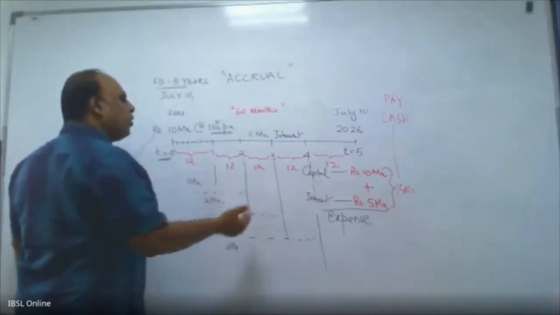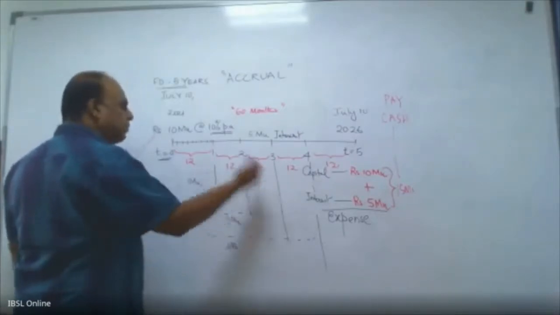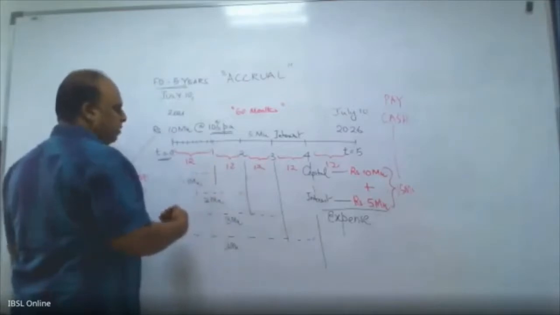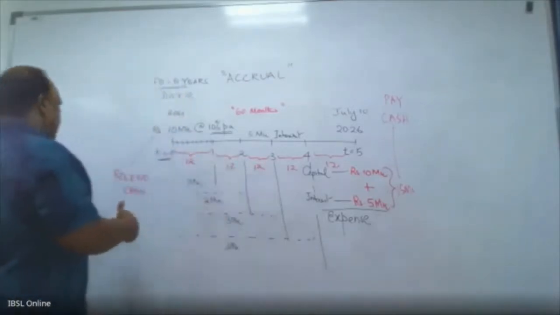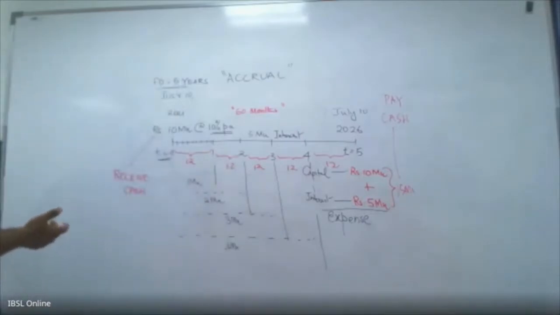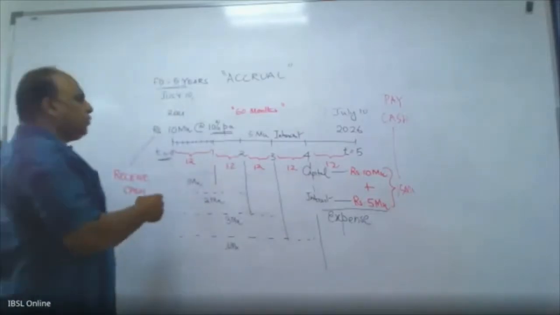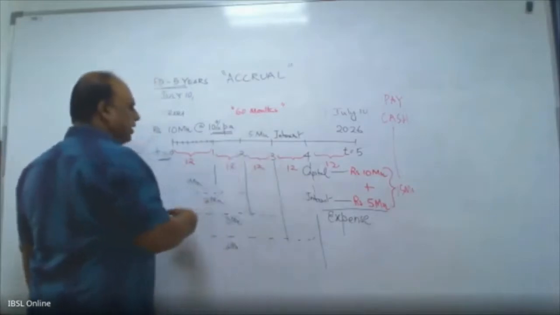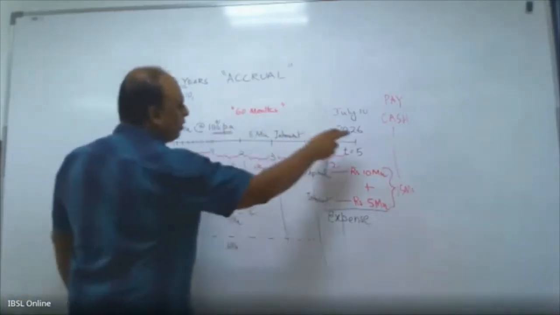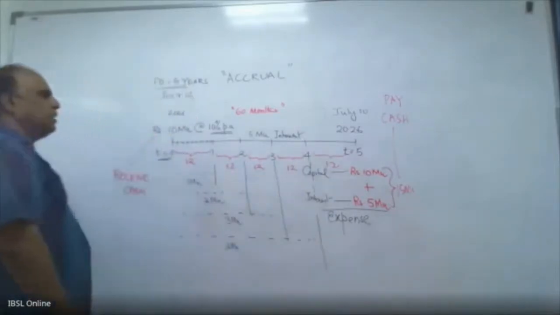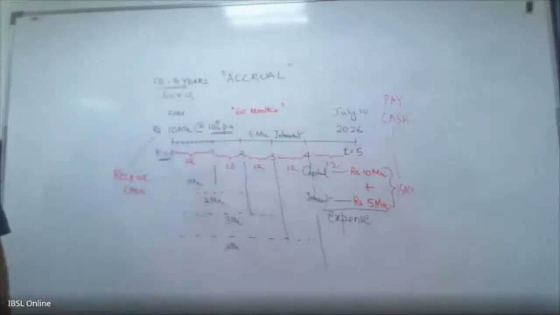Similarly, you can have a loan where the customer will have to pay, right? So whether it is an income or an expense, it doesn't matter. What we want is to account for the income or expense irrespective of whether cash is received or cash is paid.